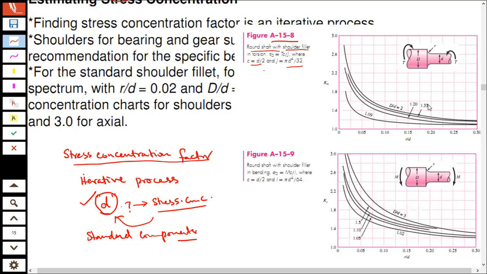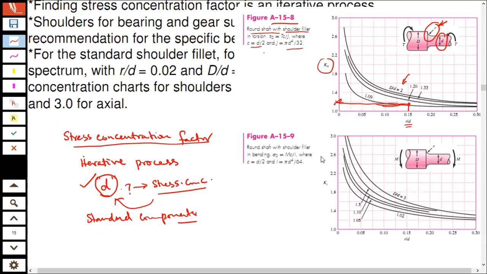So for that fillet, if you know the ratio of R by D, which is this R and this D, you can figure out the stress concentration factor for that D by d and the contour for the D by d ratio. So you can go ahead and find your stress concentration factor from this figure.